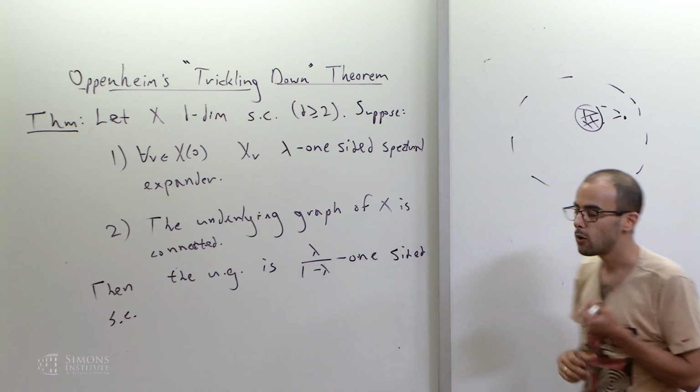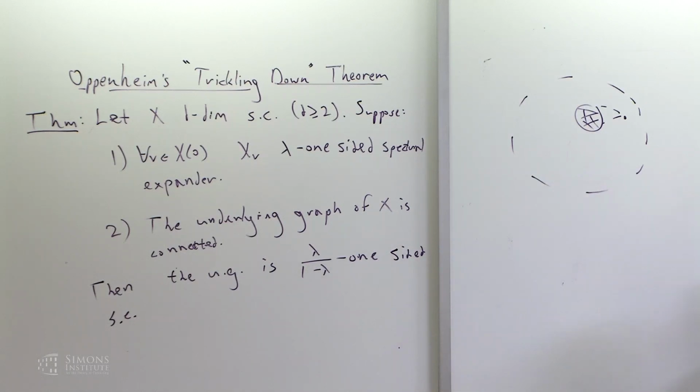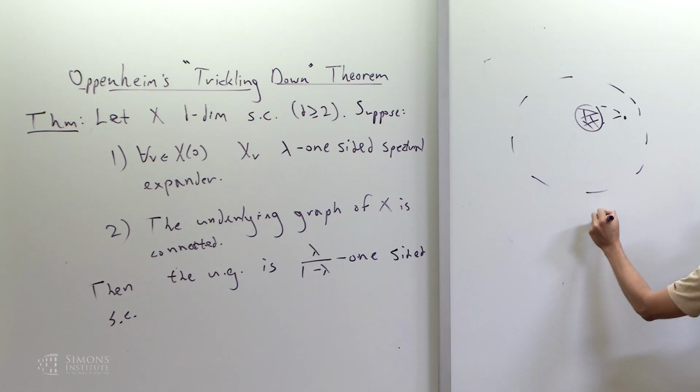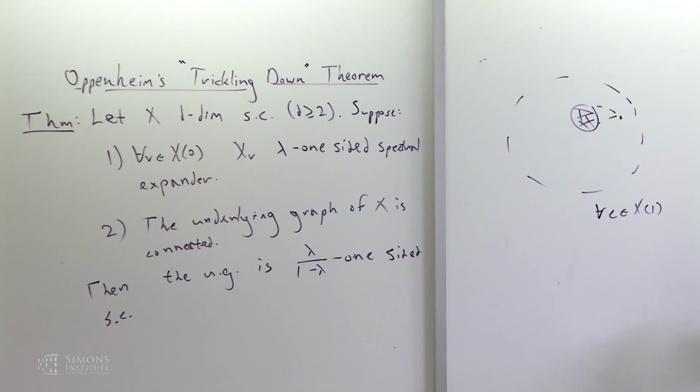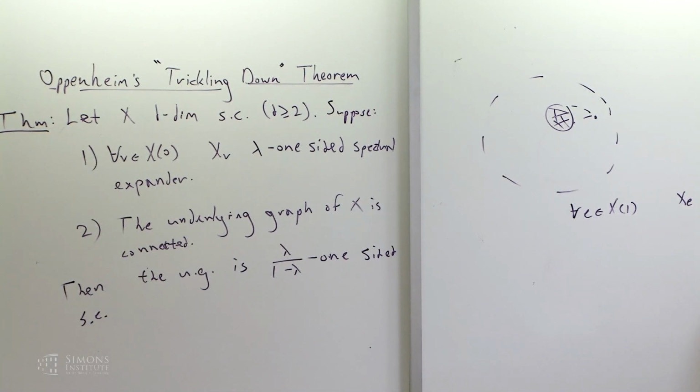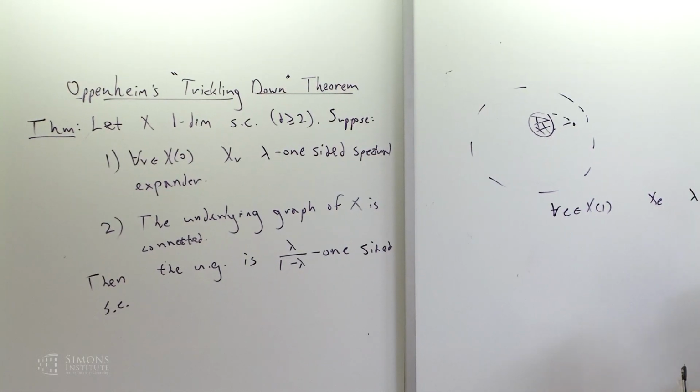Okay, so what do I mean by this? Suppose, for example, now that d equals 3, and now I know that for every edge e, the underlying graph in the link of e is a lambda one-sided spectral expander.